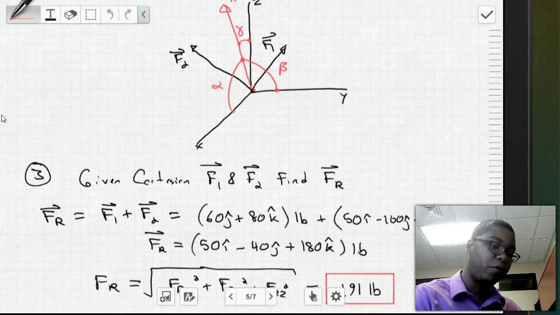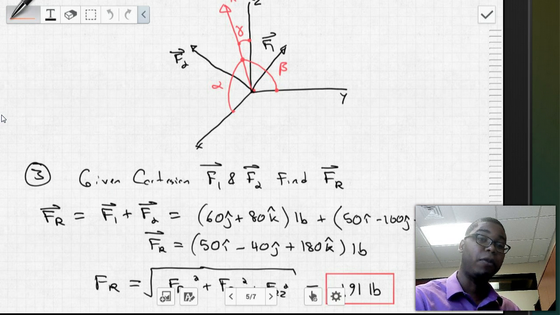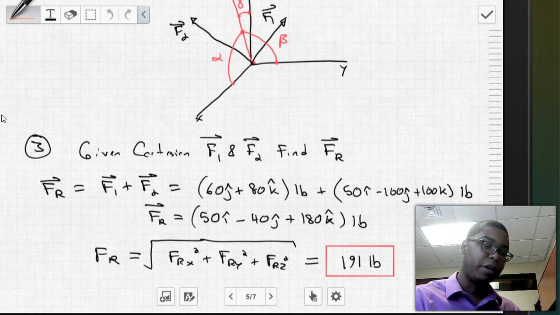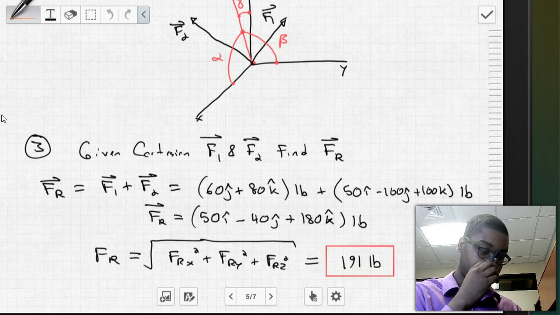Now that we've done that, since we're given F1 and F2 in Cartesian form, it should be very simple for us to find the force resultant in Cartesian form, where the force resultant vector is equal to the F1 vector plus the F2 vector. Now remember, with these types of problems, we're going to collect like terms for the x, y, and z components, which are described as the i, j, and k's, right?